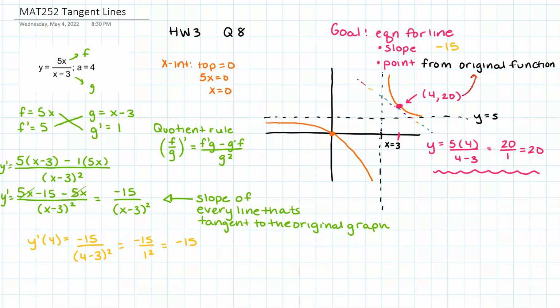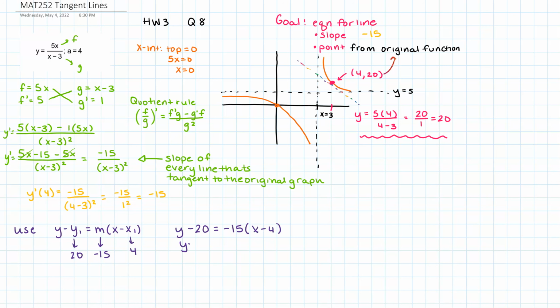So now we're going to use y minus y1 equals m parentheses x minus x1, where my x1 was 4, my y1 was 20, and my m was negative 15. So I have y minus 20 equals negative 15, parentheses, x minus 4. And get rid of my parentheses, so y minus 20 equals negative 15x plus 60, right?